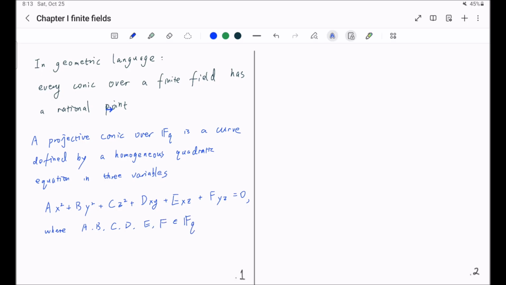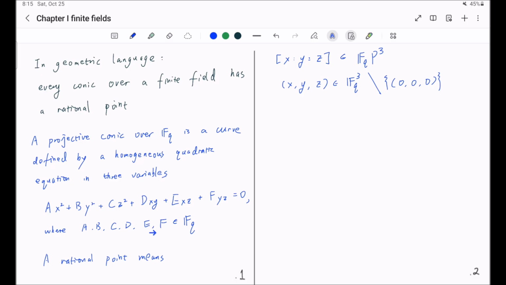And the term rational point simply means a point in the projective plane over F_q, or in other words, x, y, z in F_q^3 with 0 removed.